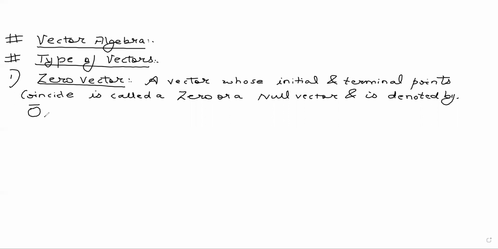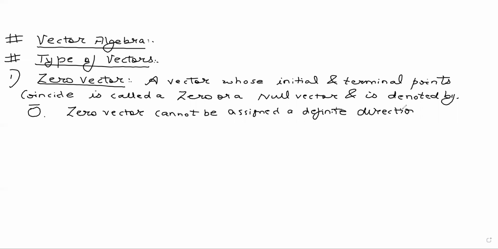Zero vector cannot be assigned a definite direction as it has zero magnitude.